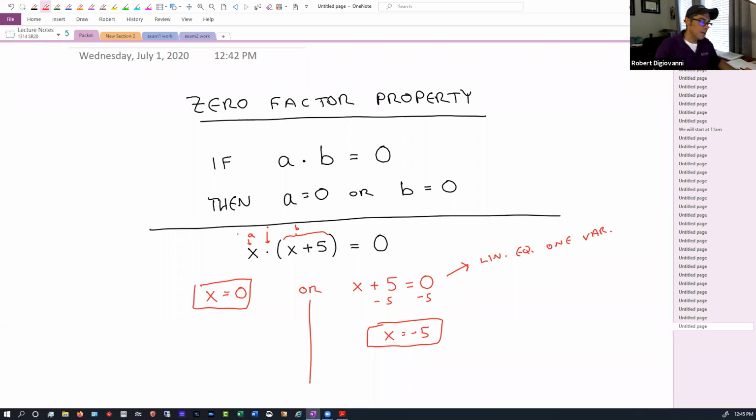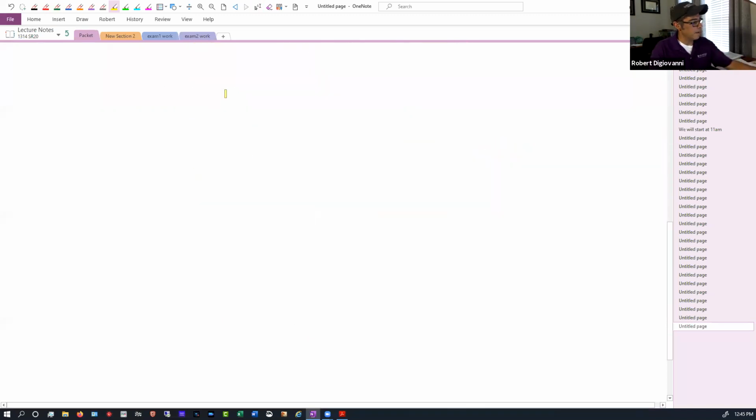You have to be very careful with the zero factor property because the 0 here is important. Let me show you. What if I tell you that two numbers multiply to be 1? Does that mean that one of those numbers has to be 1?